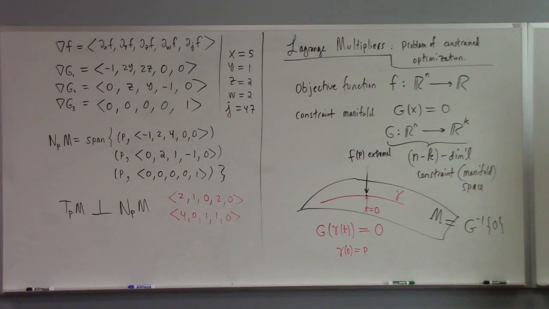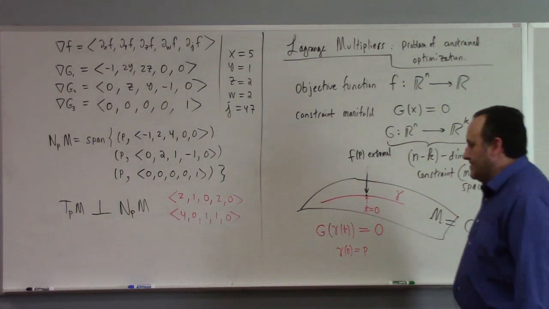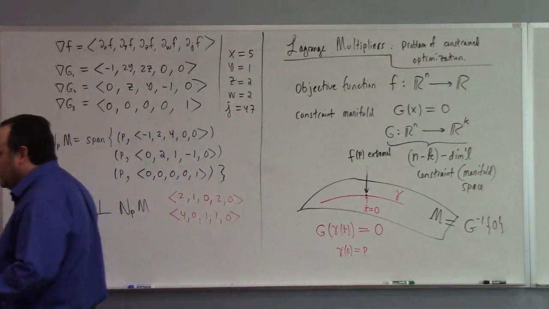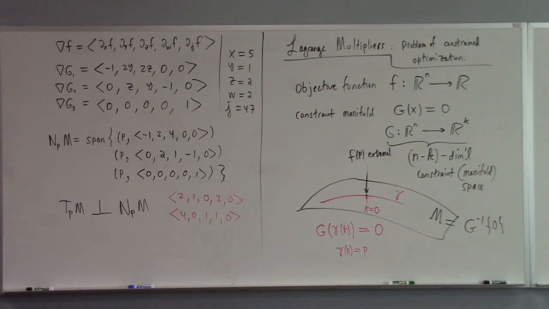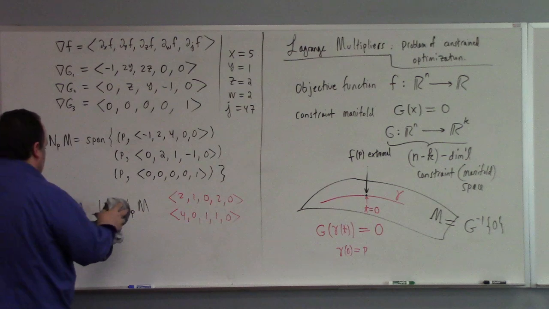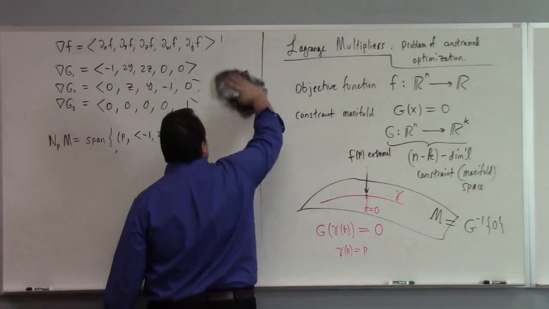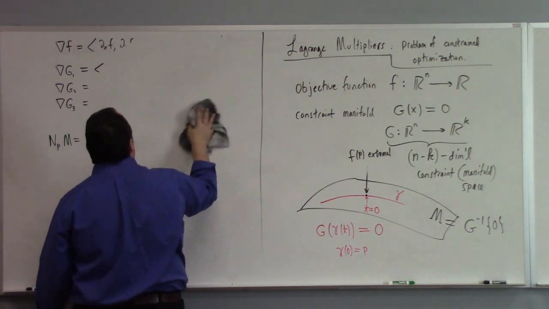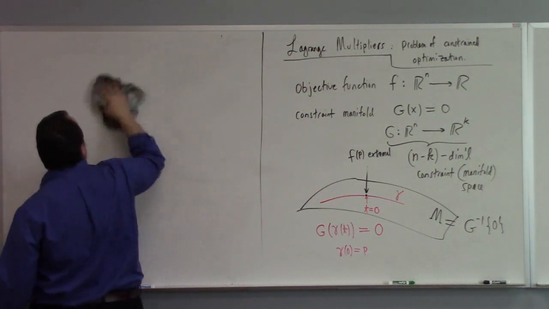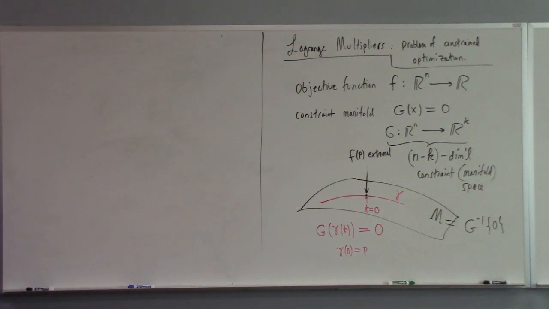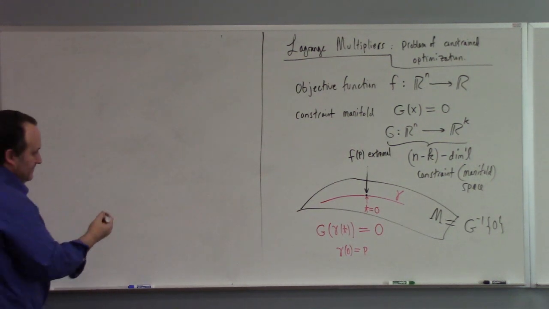All right. So then what? If that's true for all t, and if the level function there is differentiable, well, we can differentiate, right? We can differentiate. And so what does that give us?